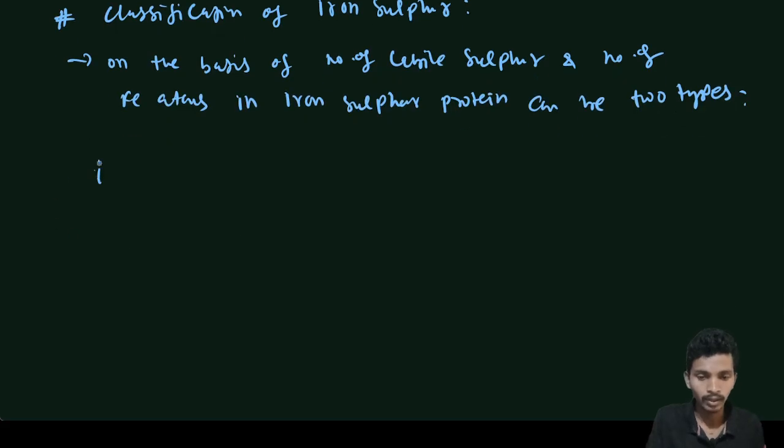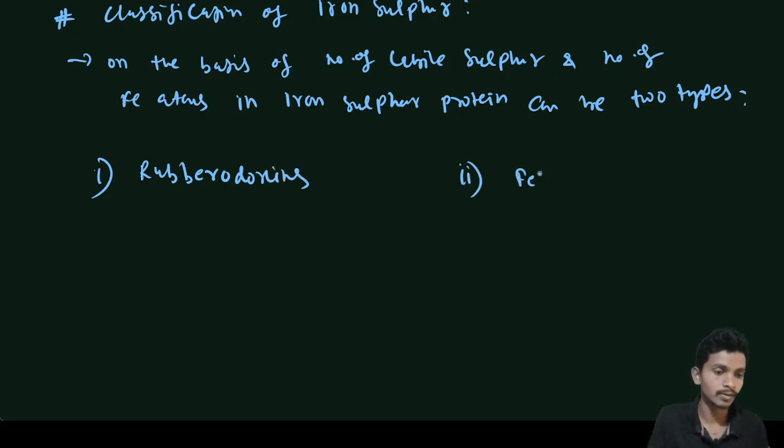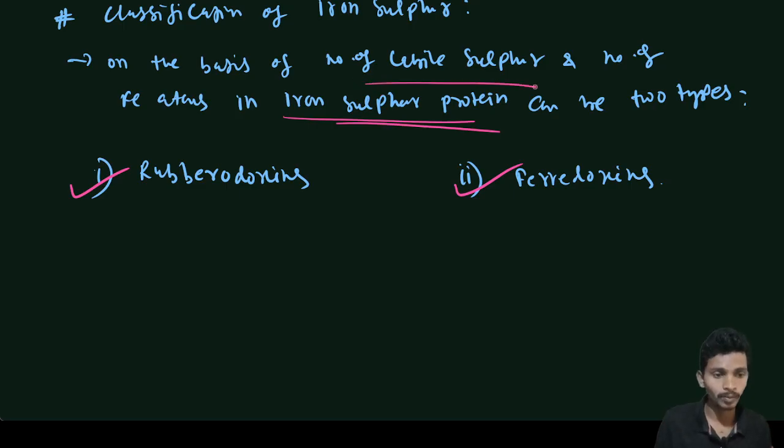One is rubredoxins, another is ferredoxins. First we will discuss rubredoxins, then we will go for ferredoxins. So these are the types of iron sulfur proteins, rubredoxins and ferredoxins. Okay, so now first we will discuss rubredoxins.